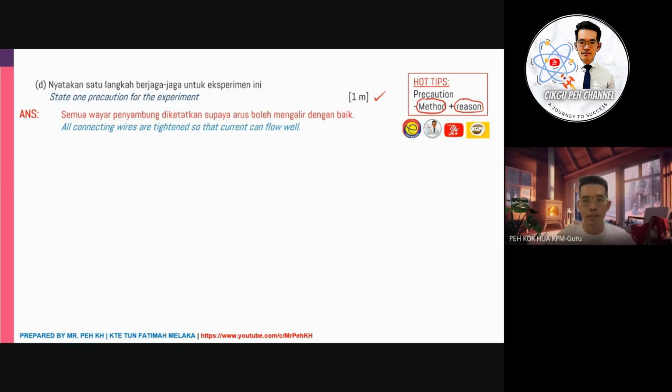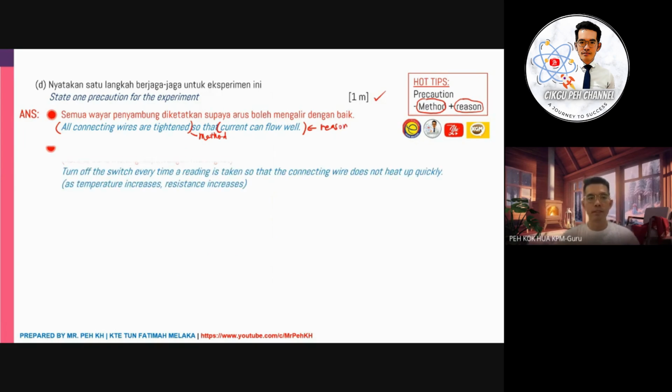So the first sample answer here will be: all connecting wires are tightened so that current can flow well. So here, all connecting wires tightened will be the method. So current can flow well will be the reason.